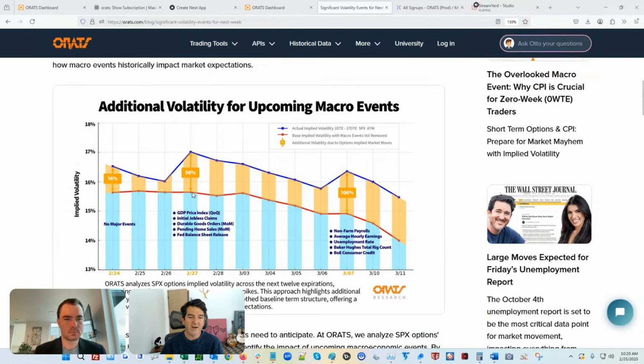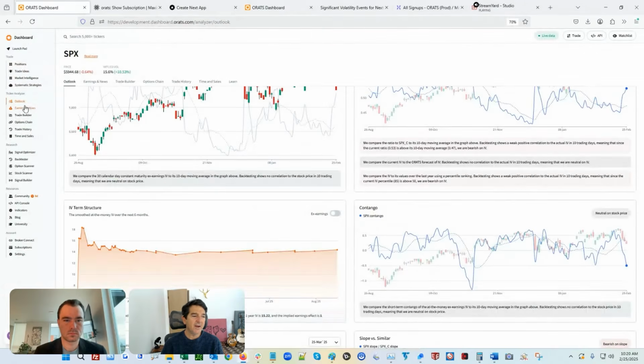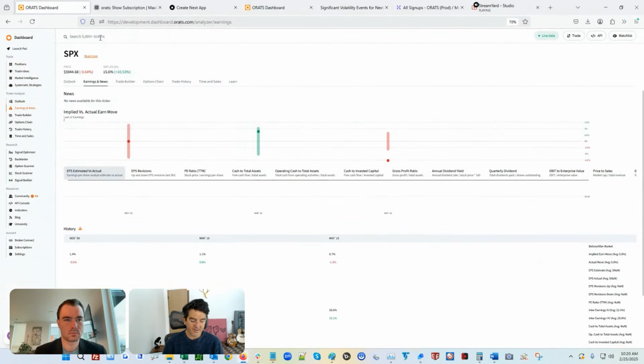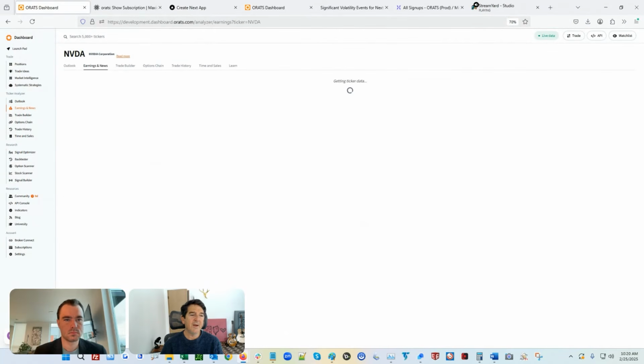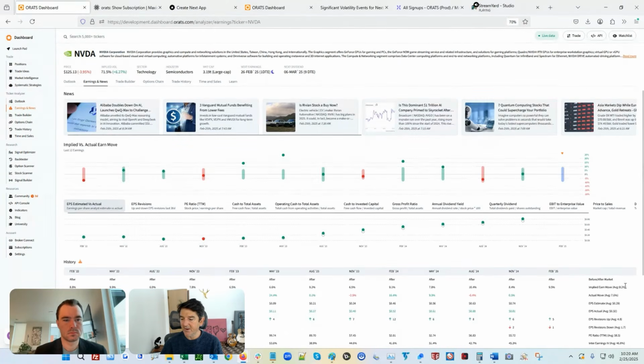So when you're trading, then you are comparing what the percentage additional volatility is to the macro moves. So then you might say, well, how do I value that? Like in Nvidia, we could go in and look at past earnings, and we could say, well, right now it's implied at 9.5.